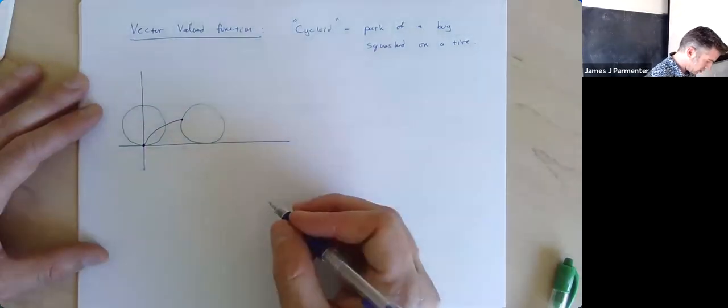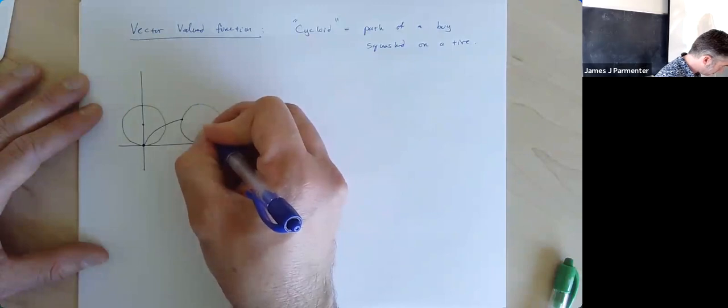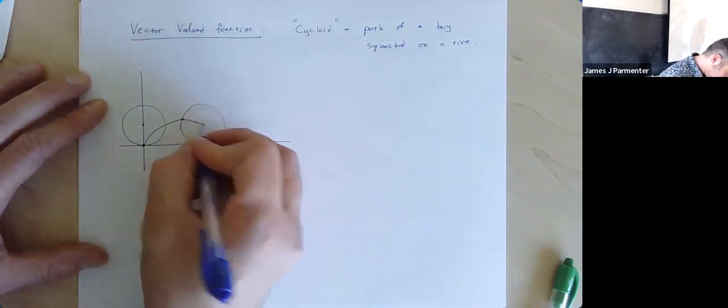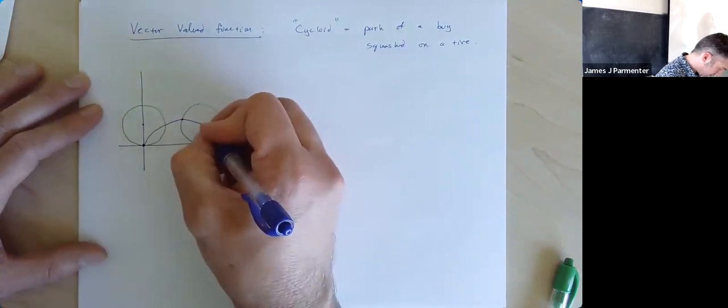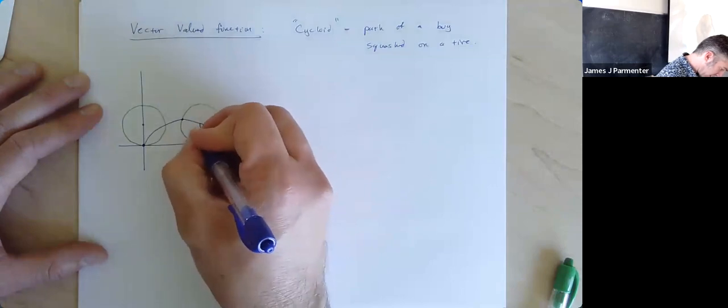And what we typically do is think about how that position looks compared to the angle we've rotated through. So there's the angle we've rotated through.